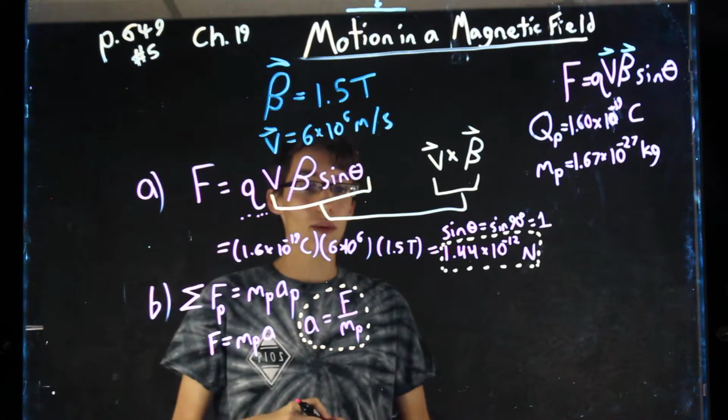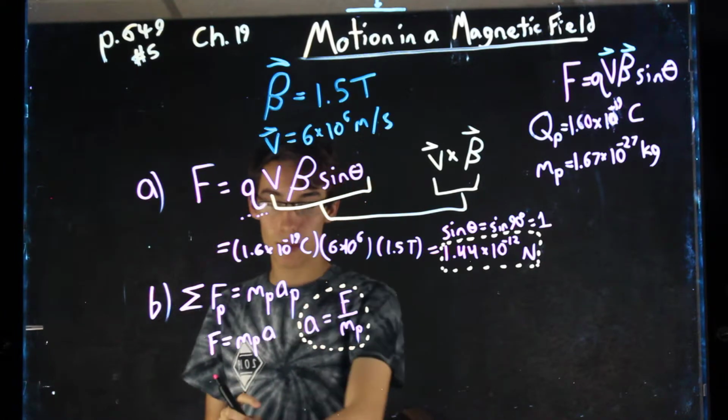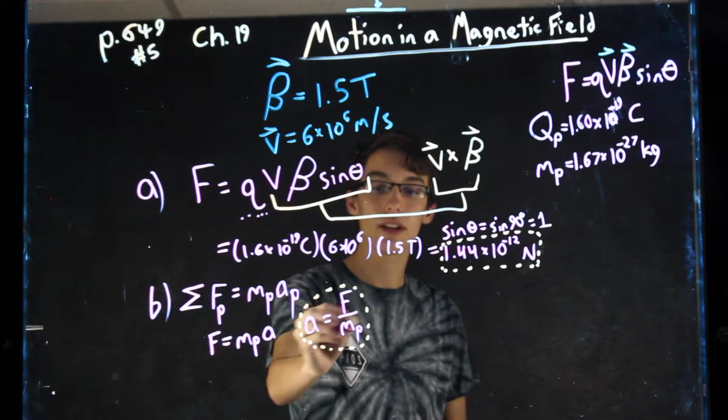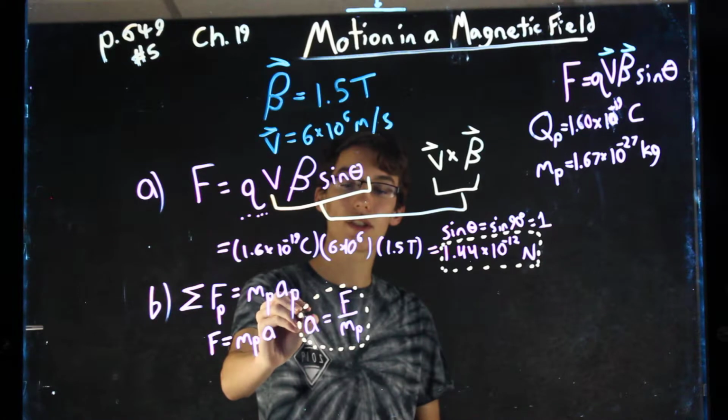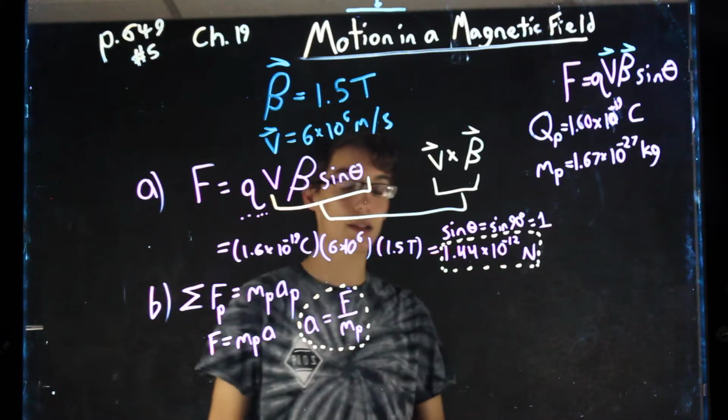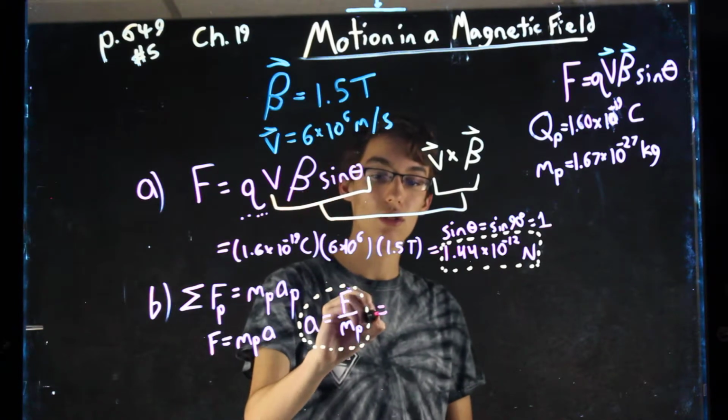So the maximum acceleration will occur when we have the maximum force. Our mass is never going to change, so the maximum acceleration occurs when we have our maximum force. And just like magic, we already found our maximum force, so it is quite easy to plug in.